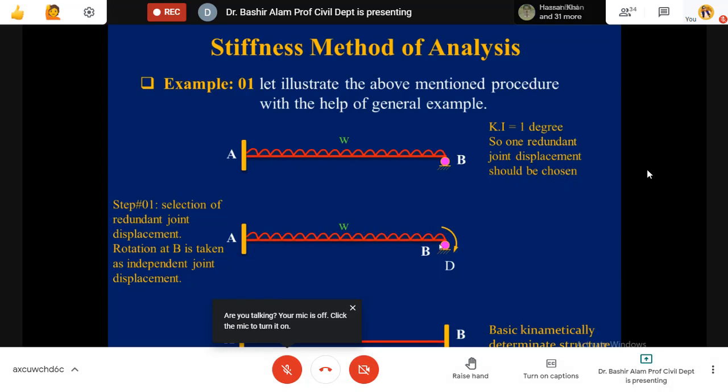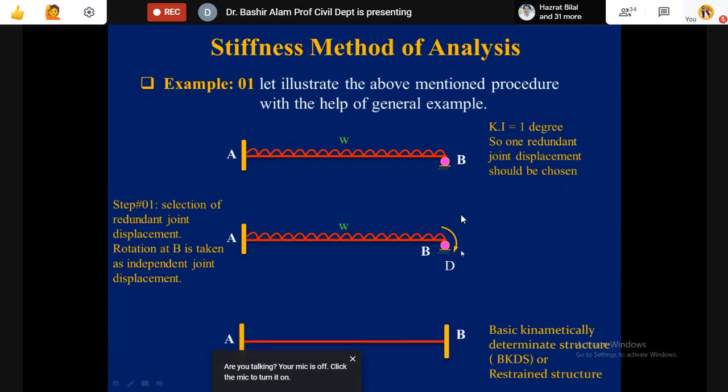Rotation we show with this arrow-headed curve. We designate this unknown displacement as theta B, the rotation at B. So step number 1 is selection of the redundant joint displacement. Rotation at B is taken as the independent joint displacement.